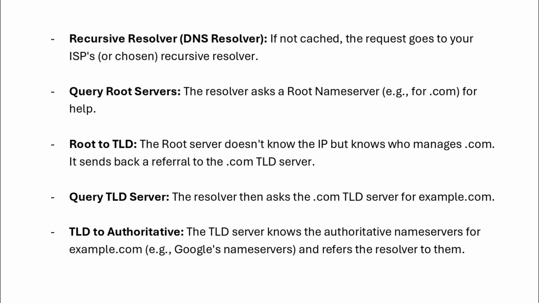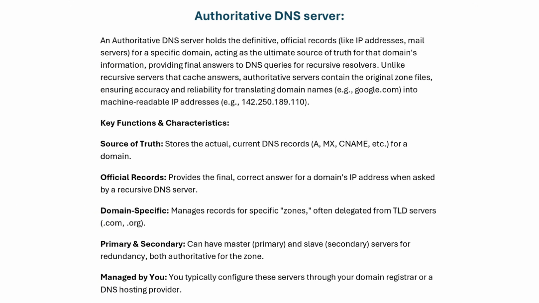So let's understand that deeply. An authoritative DNS server holds the definitive official records, like IP addresses and mail servers for a specific domain, acting as the ultimate source of truth for that domain's information, providing final answers to DNS queries from recursive resolvers.